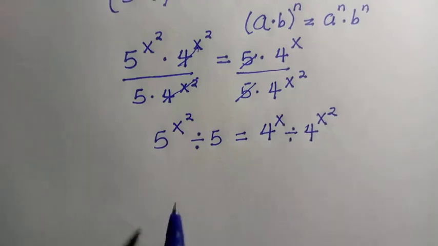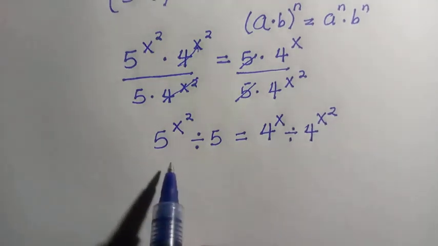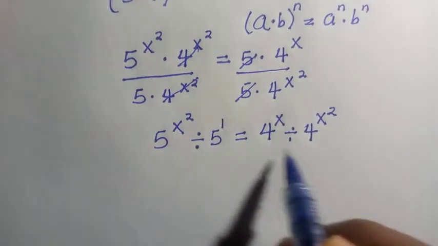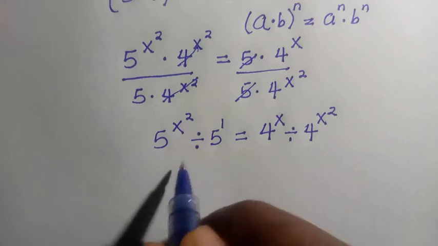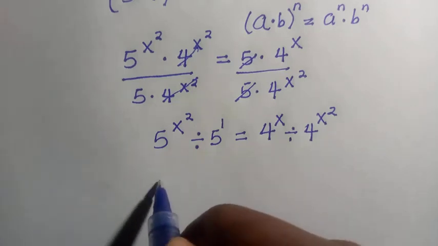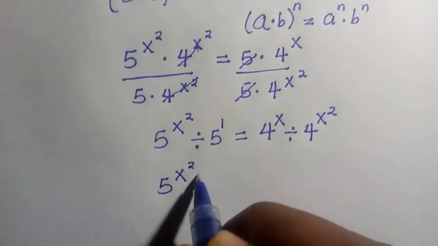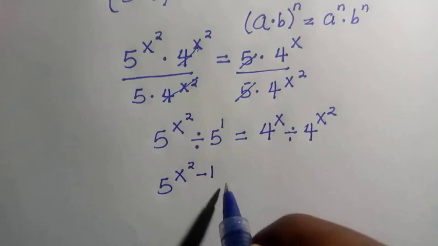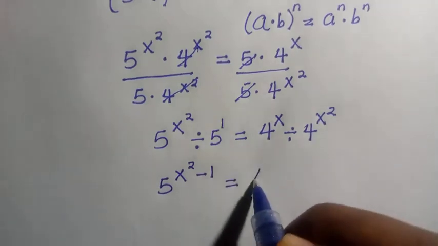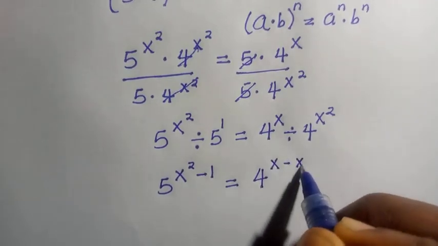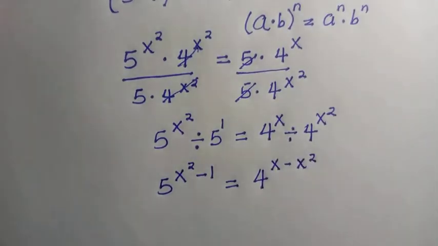And also we apply the rule of indices, which is division. So here is 5 to the power 1, then division changes to minus, and we write it as 5 to the power of x squared minus 1 equals 4 to the power of x minus x squared.